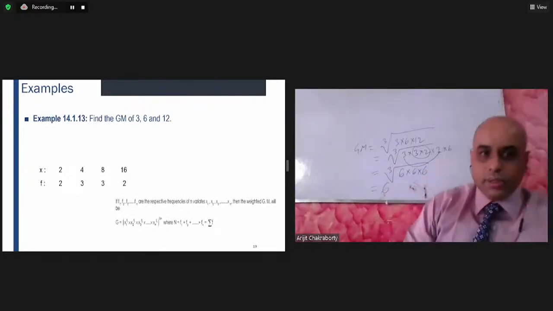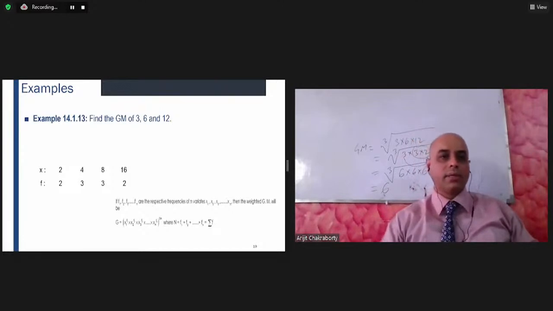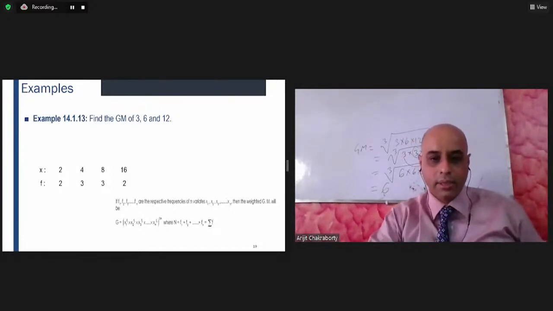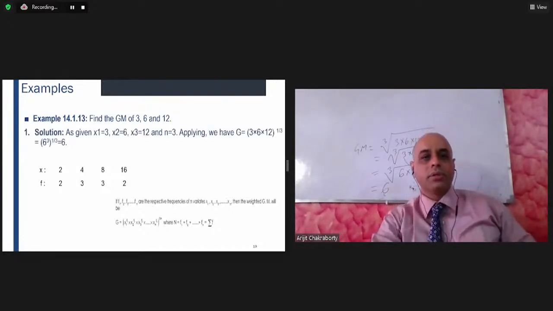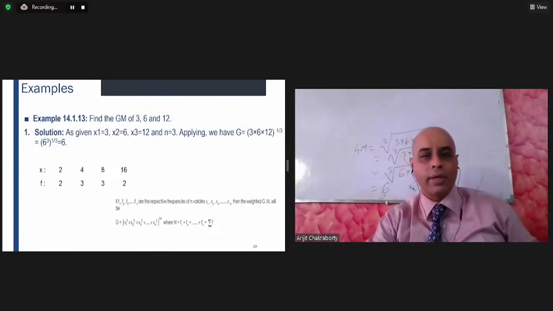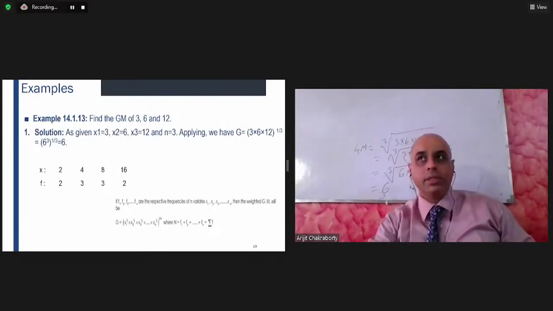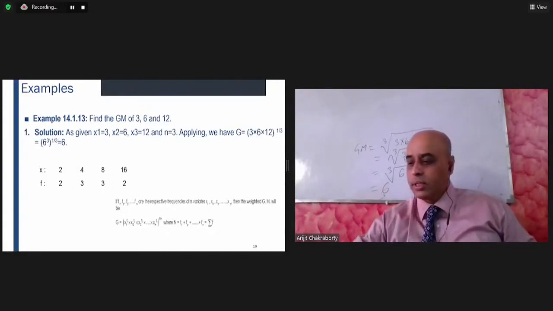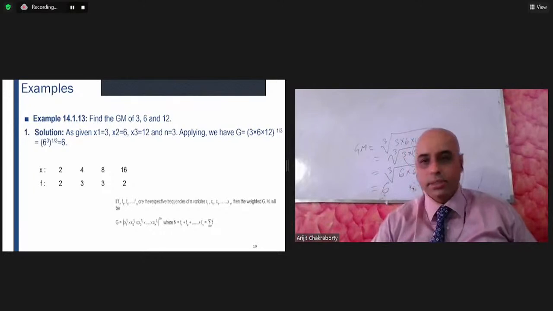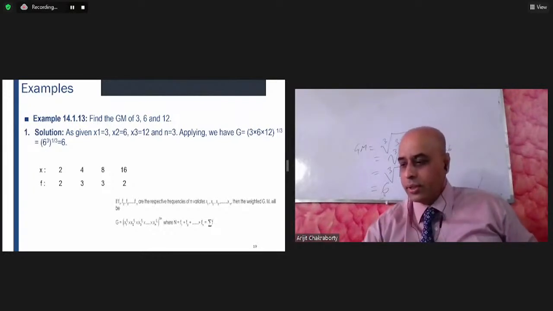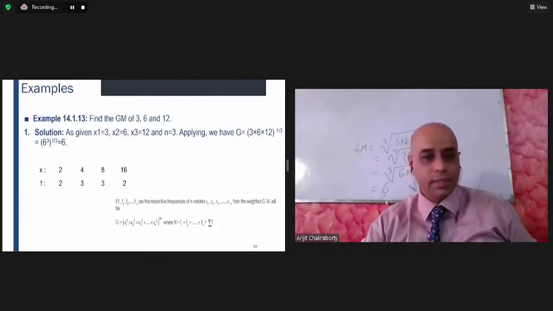You can see these types of questions are expected, and it is there in the study material. The solution is given by just finding the cube root of the product 3 into 6 into 12, and therefore you get exactly 6 as the answer. This is as simple as that.